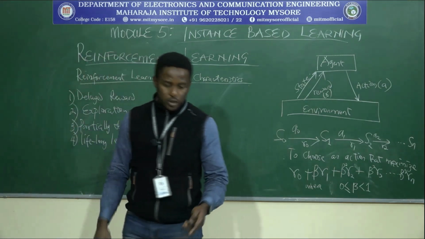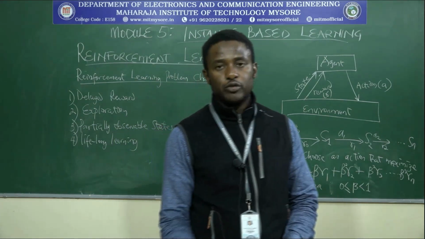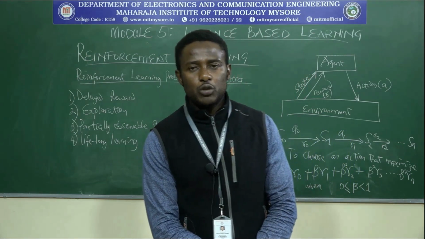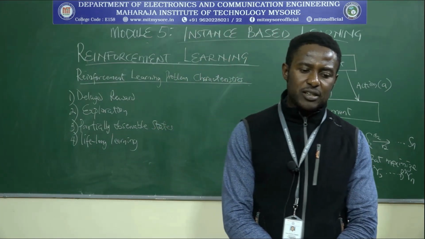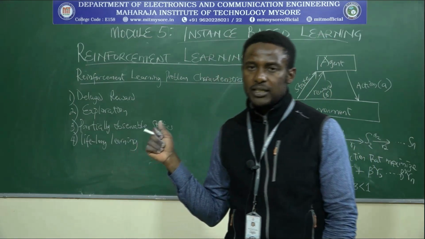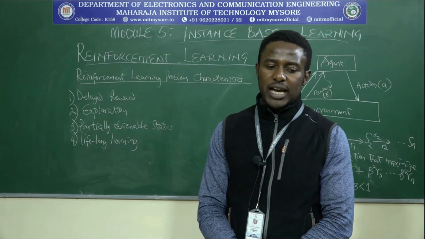All right. So, if we look at this point, do you need explanation for this? We go through them quickly. When we talk of delayed reward, what we are actually saying is that the task of the agent is to learn a target function, that's pi, that maps from the current state to an optimal action.